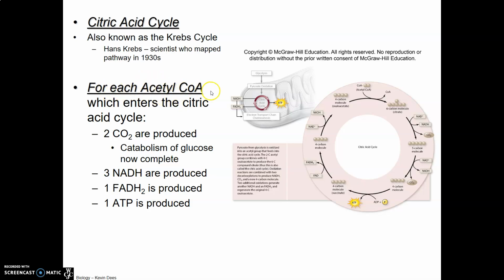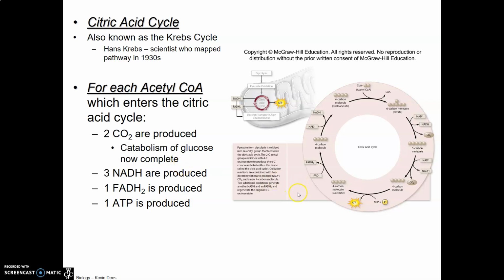For each acetyl coenzyme A that enters the citric acid cycle, the citric acid cycle is going to spin like a wheel. And as this wheel spins, we're going to produce 2 molecules of CO2, which means that now the catabolism of glucose is complete. Each time the wheel spins, we're going to produce 3 NADHs as we reduce the NADs.